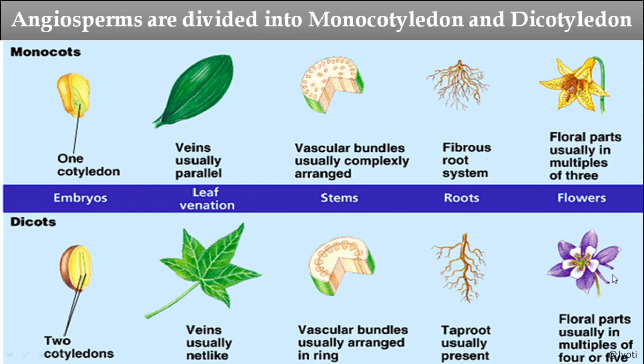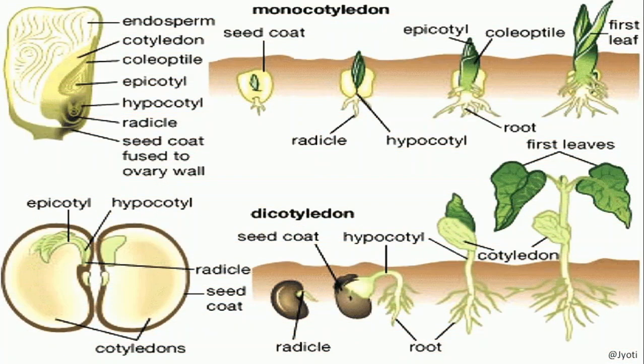But in a dicot plant, the floral parts are usually in multiples of 4 or 5. Other than these, some other differences are also there in the flowers that we'll discuss in our morphology of angiosperms chapter.